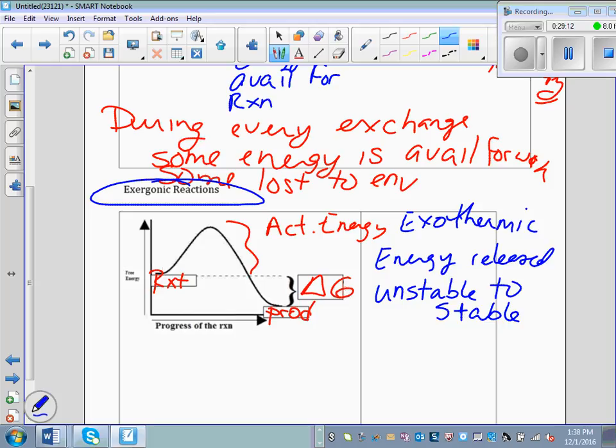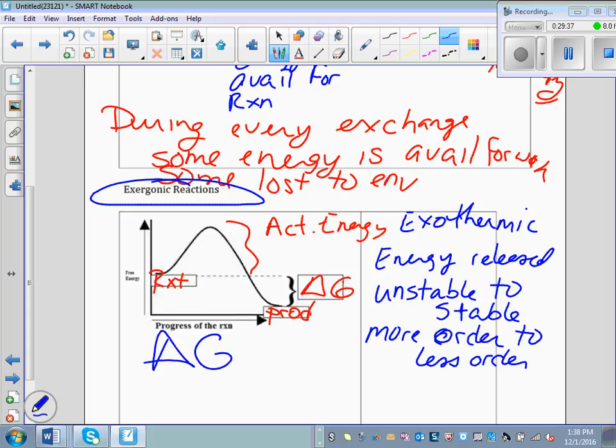It's going from more ordered to less ordered. How does that relate to entropy? More disorder appearing, right? It's a downhill reaction. You can see that, right? Yes. My delta G is negative.